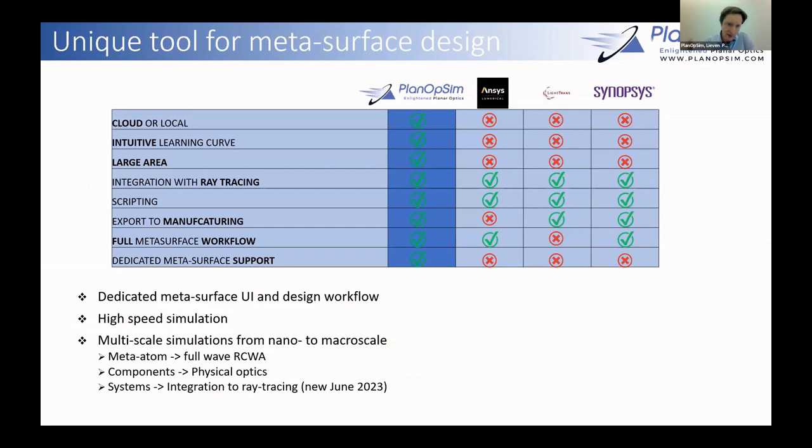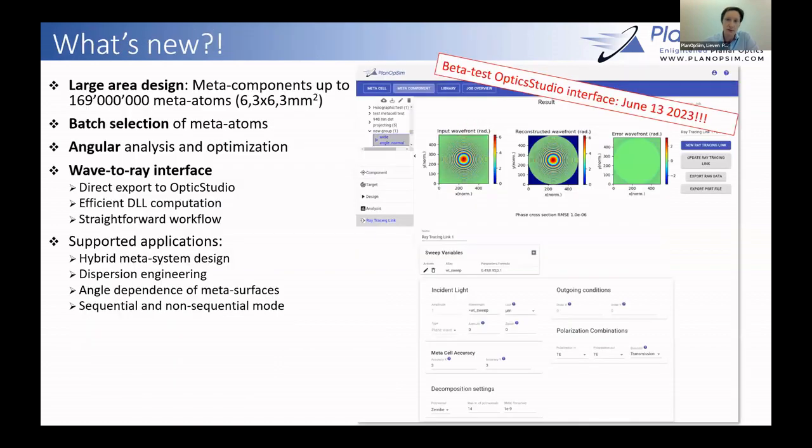We can script, we can export this to manufacturing, we can cover the whole metasurface workflow, and we have a dedicated support team of experts on metasurfaces. We can achieve all of this by applying the right calculation methods, full wave calculations, physical optics, and ray tracing at the right scale. And with that, I'd like to move to what's new in our tool.